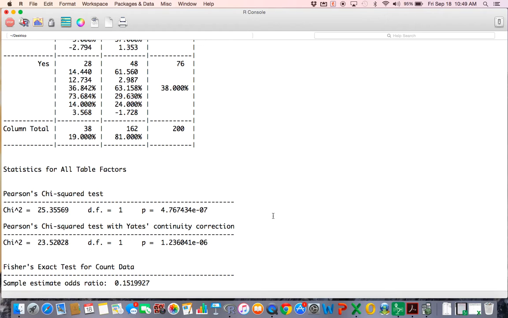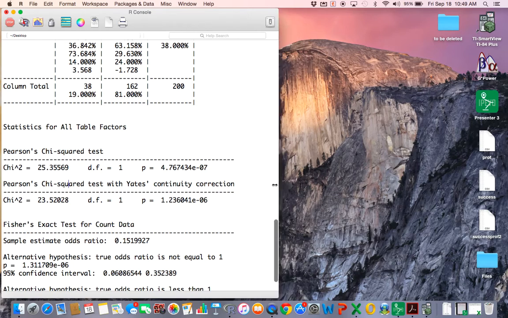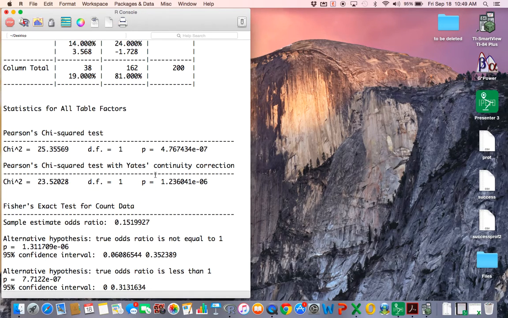It's my opinion that when you have a 2x2 table, the chi-square statistic is slightly overinflated.